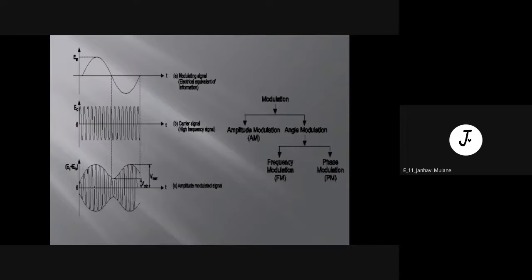And in figure C, the amplitude is varied on the carrier signal, and this process is known as modulation. Further, modulation is classified into two types: amplitude modulation and angle modulation. Angle modulation is further classified as frequency modulation and phase modulation.